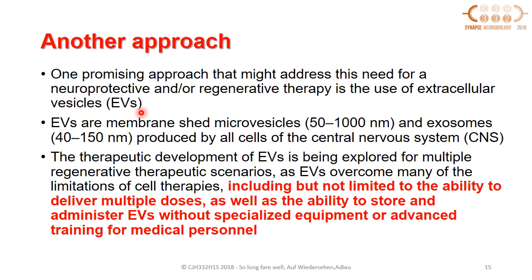These extracellular vesicles, which I'm going to abbreviate as EVs, are membrane-shed vesicles of different sizes. We have microvesicles that are anywhere from 50 to 1,000 nanometers, or we have exosomes, which are generally smaller at about 40 to 150 nanometers in overall size.